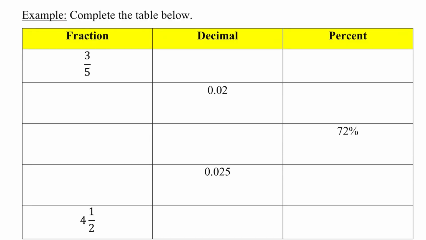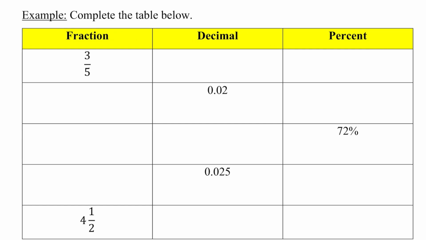Next example, complete the table below. In this table, I have 3 different columns: fraction, decimal, percent. And I have 1, 2, 3, 4, 5 different rows. In each row, they give me a number in a random column.